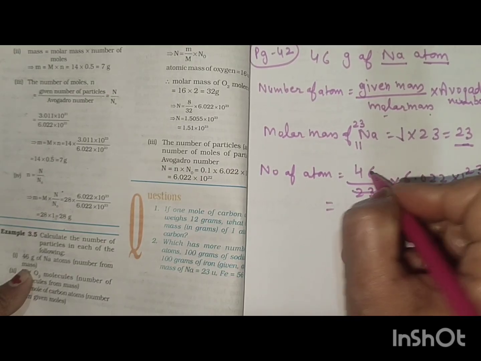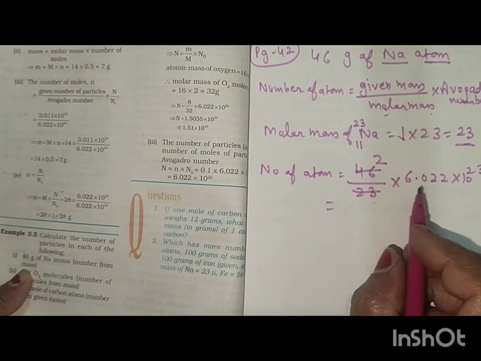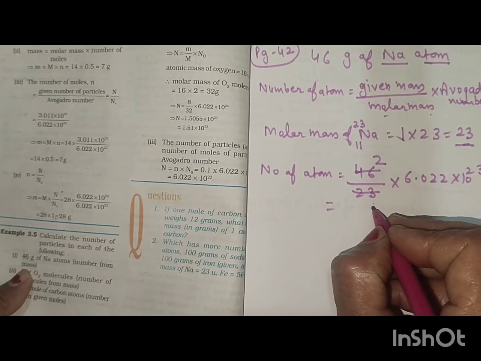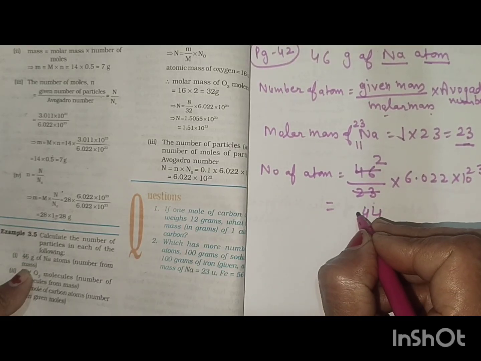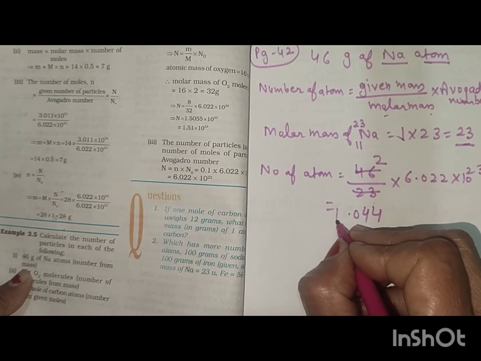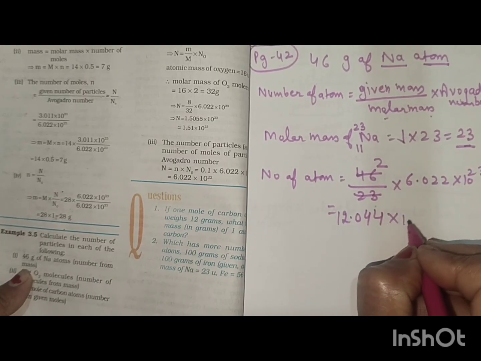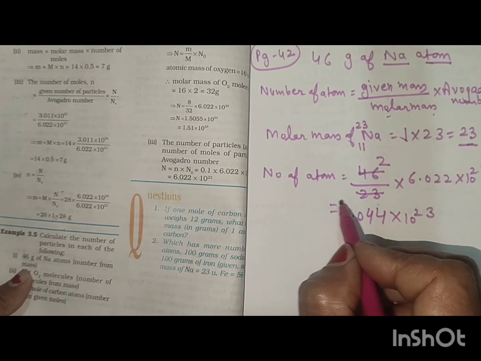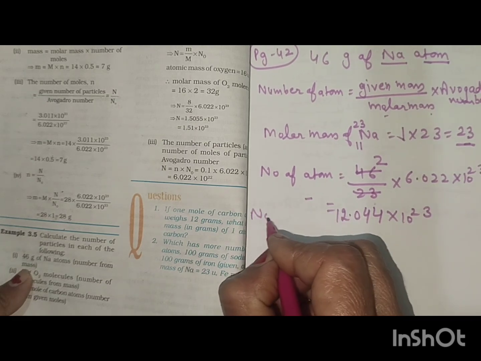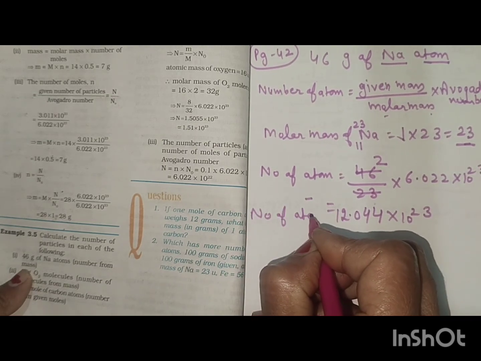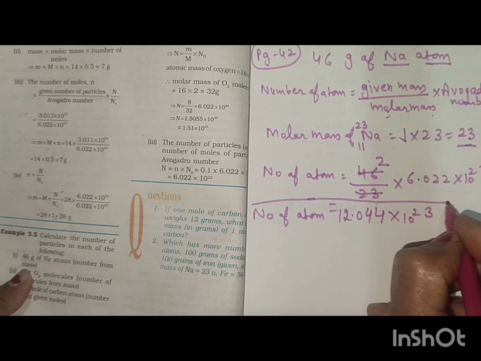When you solve it, 23 twos are 46, so it becomes 2 into 6.022 into 10 to the power 23, which is 12.044 into 10 to the power 23. This is the number of atoms in sodium.